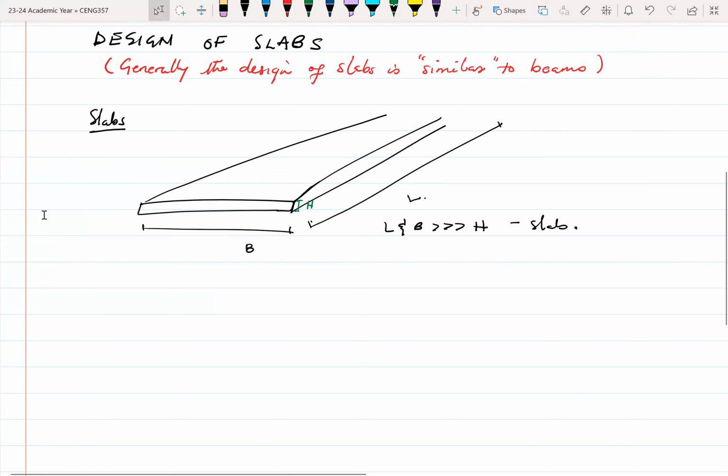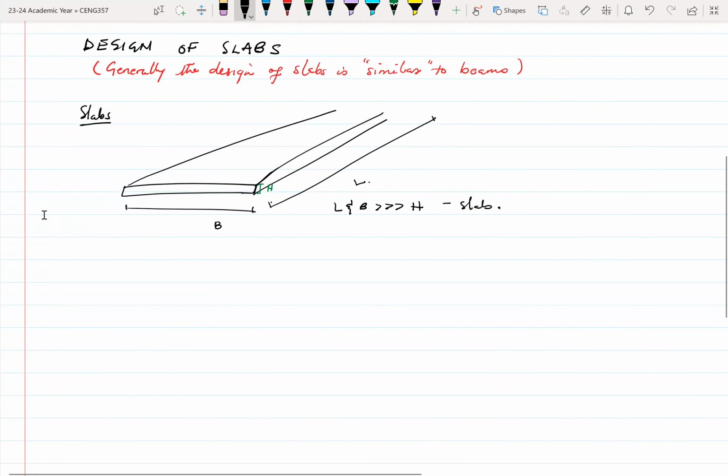And we also know that slabs generally can be solid. So we have solid slabs. They can have ribs or be ribbed, and then we can even have waffle slabs.